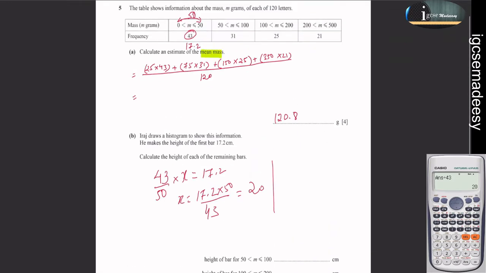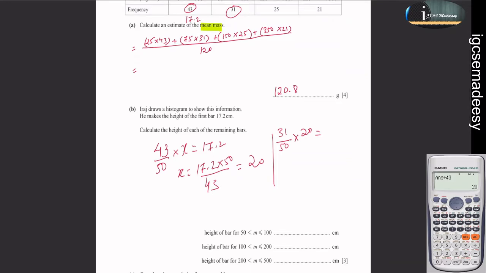For 50 to 100, we divide by the class width, which is 50. So 31 divided by 50, times 20, gives you 12.4.